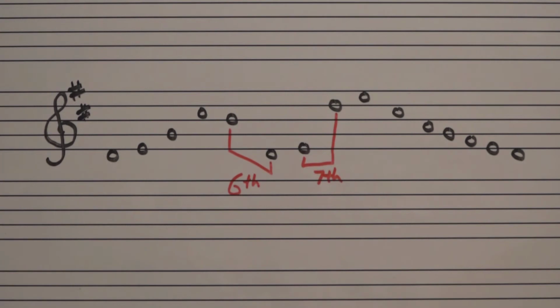The next one's going to be a little more difficult to find. That second excerpt on your assignment says, in the following excerpt, locate any leaps of an augmented or diminished interval. So these might not pop out at you right away, because you can't just find something with a lot of distance. You have to find something that's either augmented or diminished.